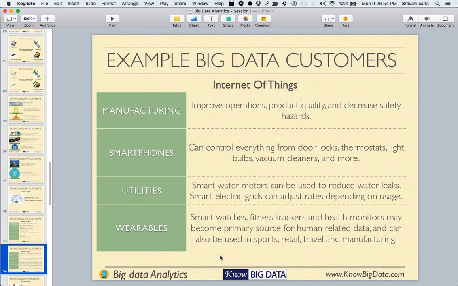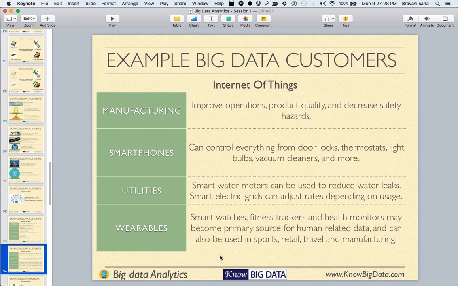The wearables is another domain which is coming up with every new gadget every day, starting with fitness trackers. Now a fitness tracker can actually predict whether you're walking, sleeping, or deep sleeping, or awake, or doing exercise, or playing a game. So based on all of this, a fitness tracker can gather a lot of data about your health and can help you in many ways.